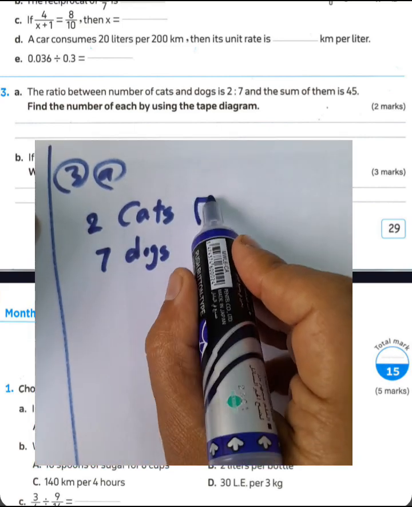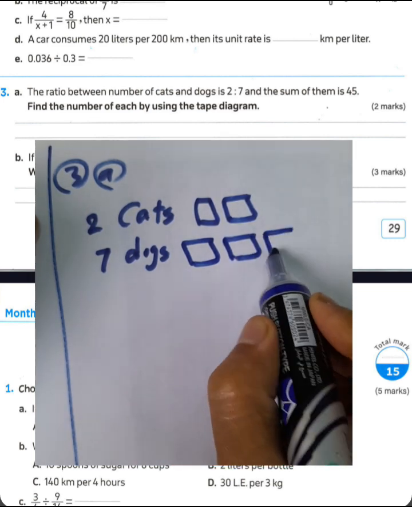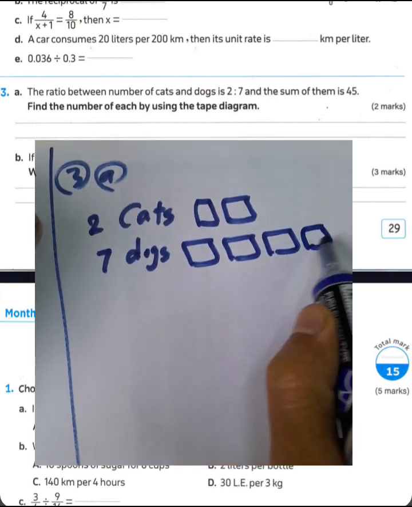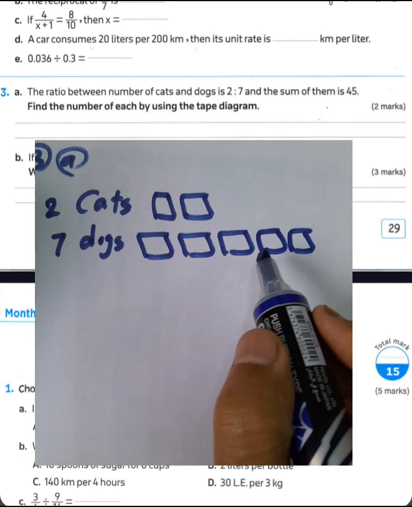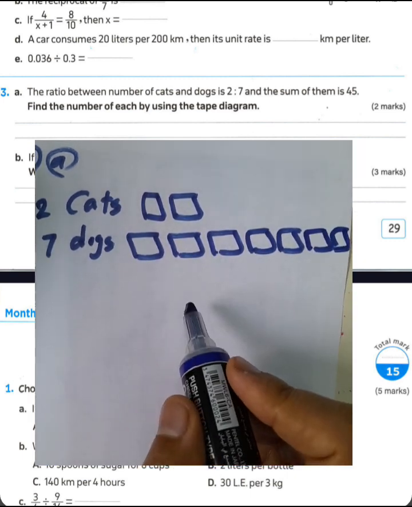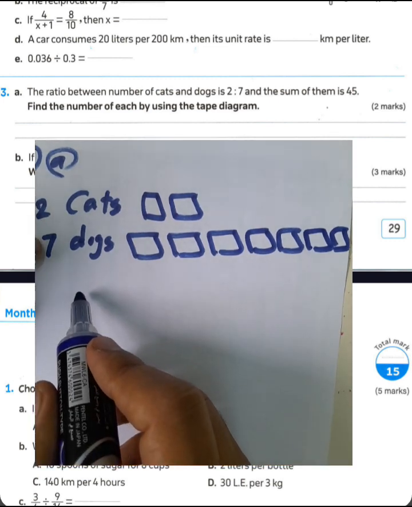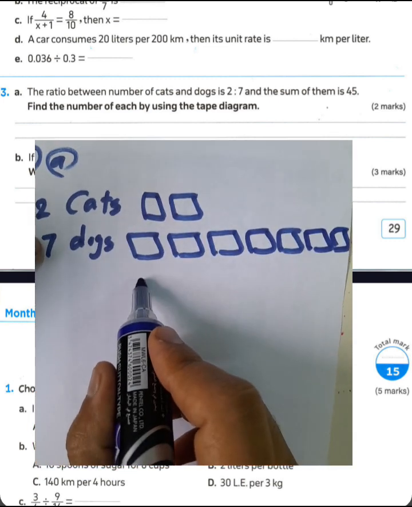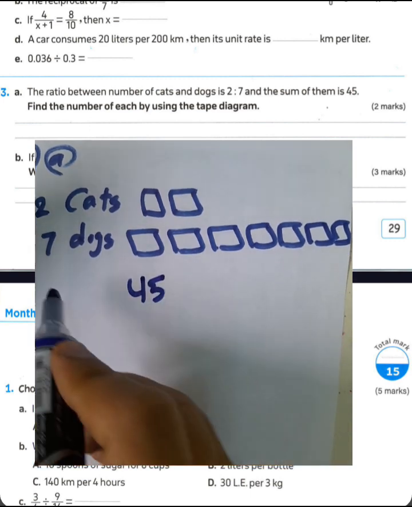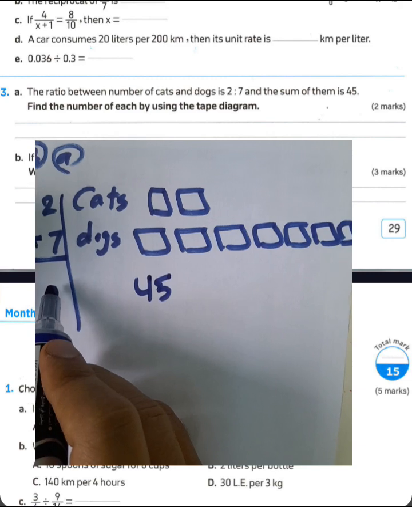Then we will draw here 2 squares and here 7 squares, 1 2 3 4 5 6 and 7. And the sum of them equals 45. He gave us the sum, 45. Then we can find the sum of 2 plus 7, it will be 9.